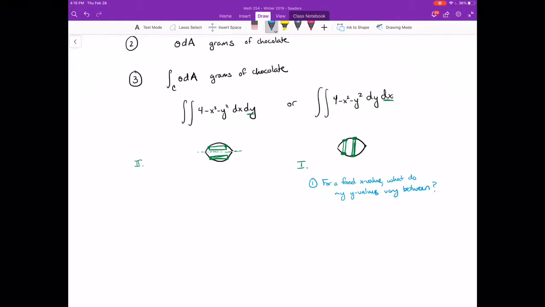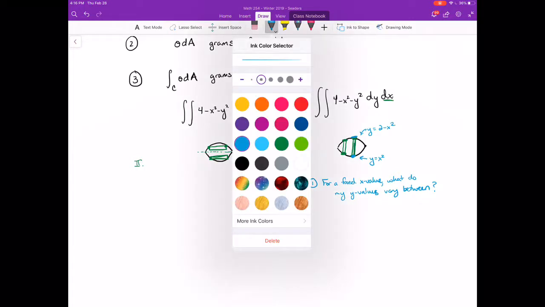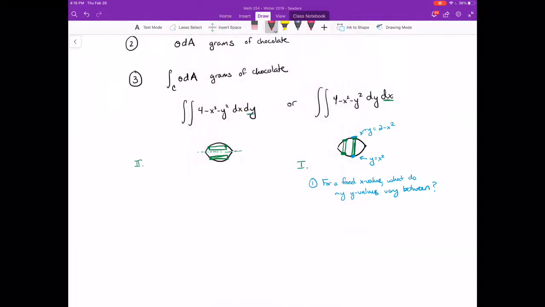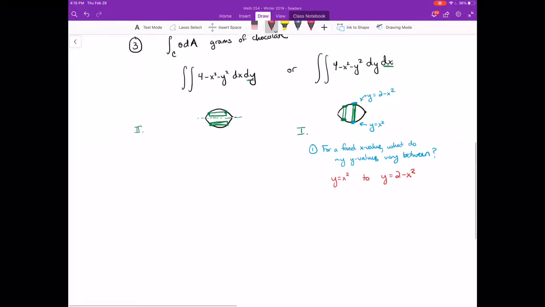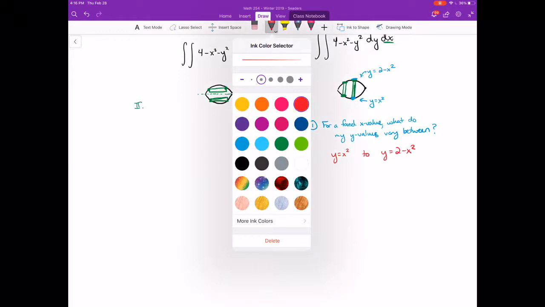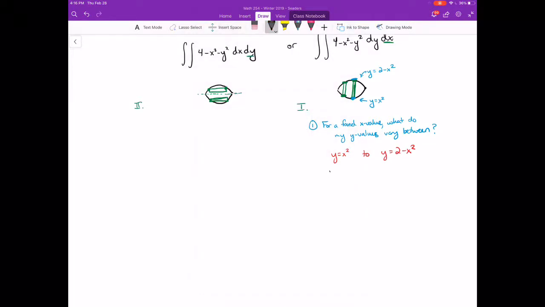And in fact, in this case, it does. So I start at my bottom curve and I go to my top curve. So I start at y equals x squared and I go to y equals 2 minus x squared. So the answer is my y values go from y equals x squared to y equals 2 minus x squared. And that gives me my inner limits of my integral.